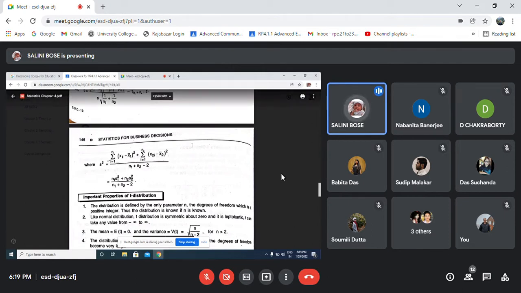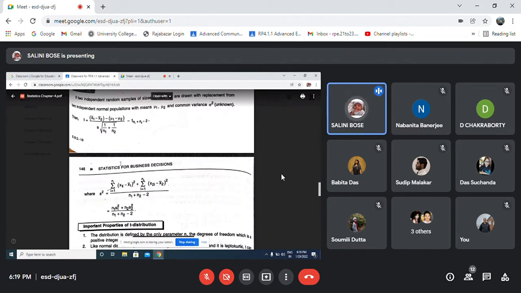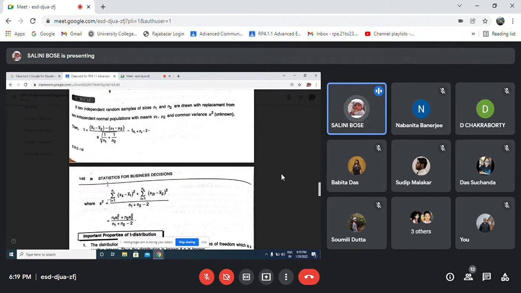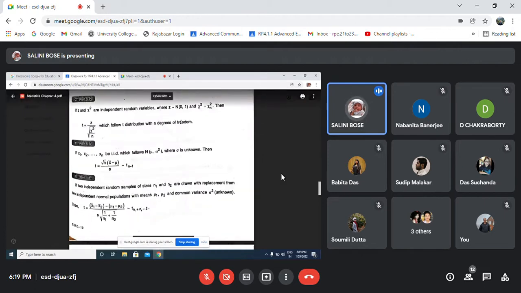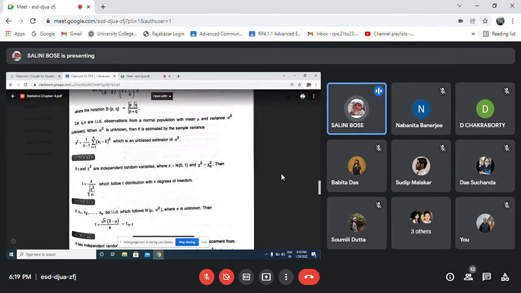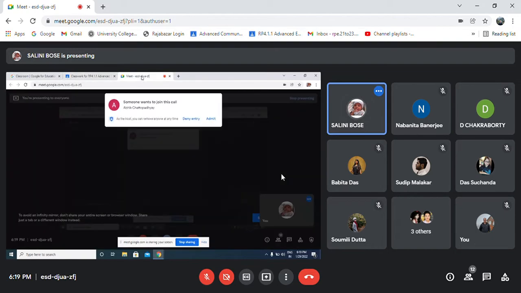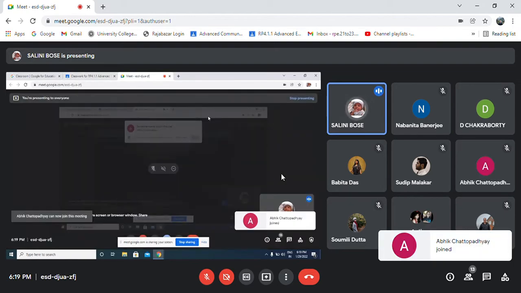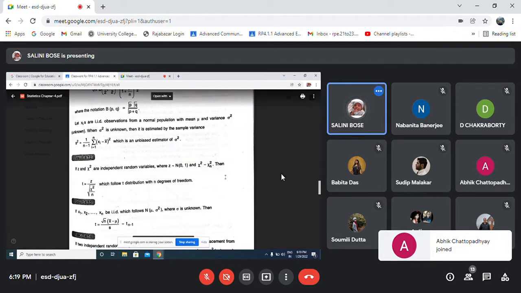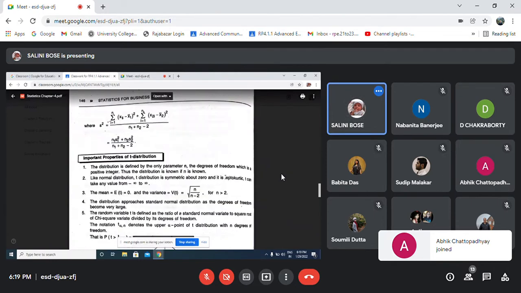And with respect to this situation, what is the formula of s square? The standard formula of s square is summation of (xi minus x bar) whole square, i equals 1 to n, times 1 by n minus 1.